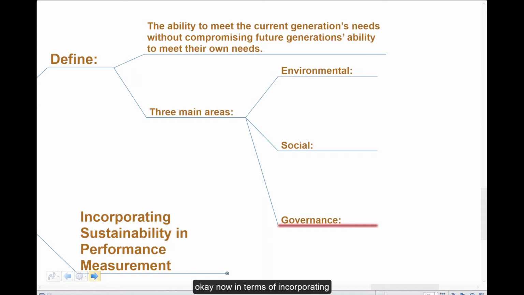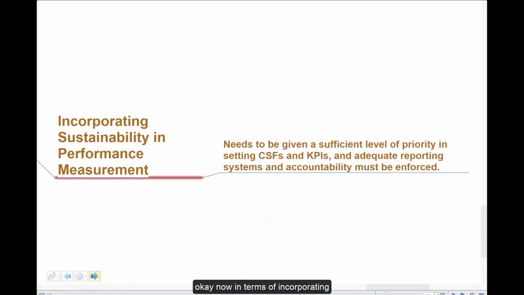Okay? Now, in terms of incorporating sustainability into performance measurement, all that we need to understand here is what sustainability is as defined up top. Let's give it some level of priority.